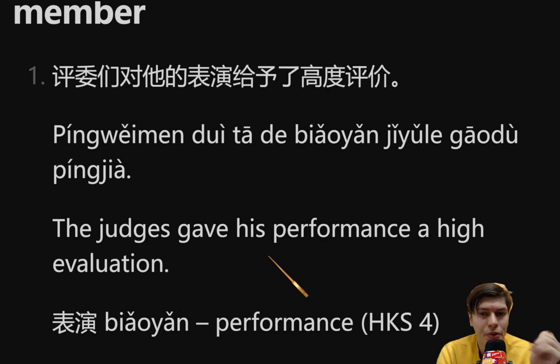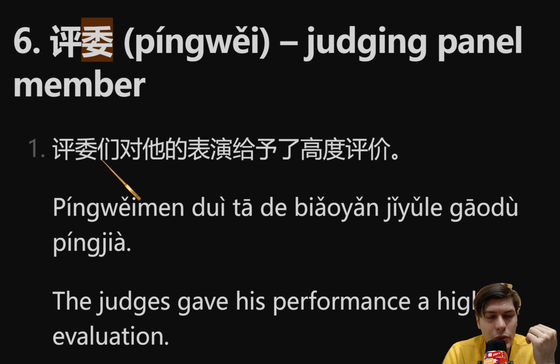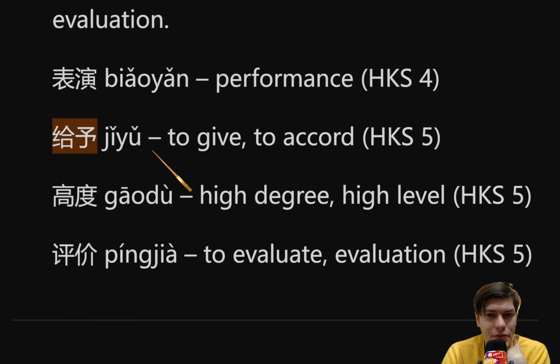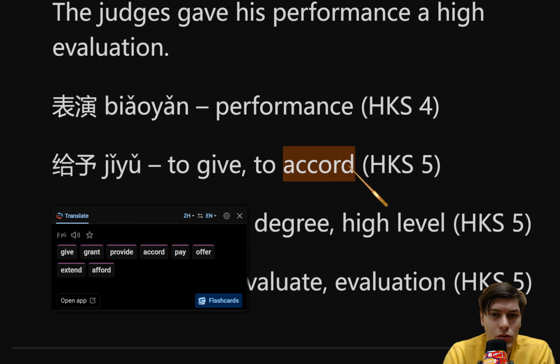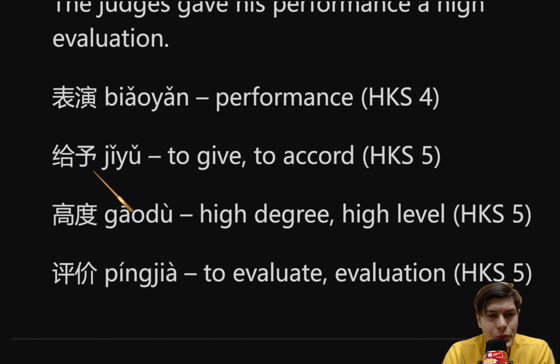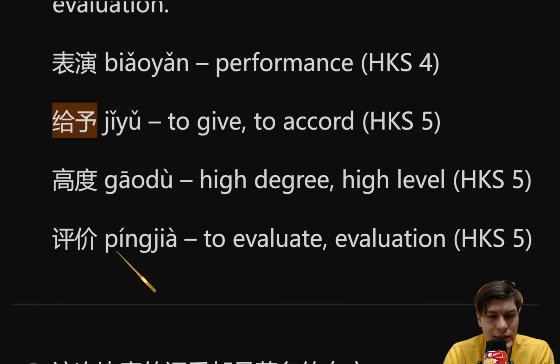The judges gave his performance a high evaluation. 评委们对他的表演给予了高的评价. 表演 performance. 给予 means to give, to grant, to provide, to accord. 给予高度 means a high degree or high level, you can say 高度评价, to evaluate highly; 评价 is the same 评 as in 评委.